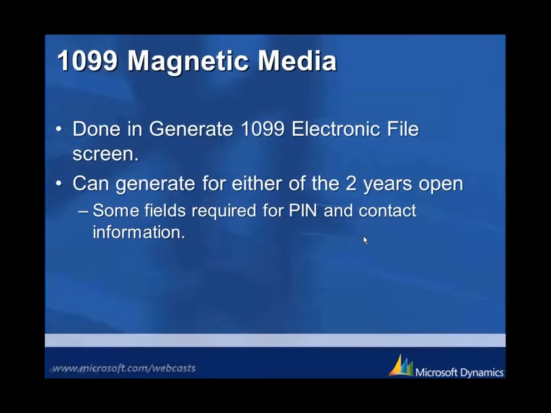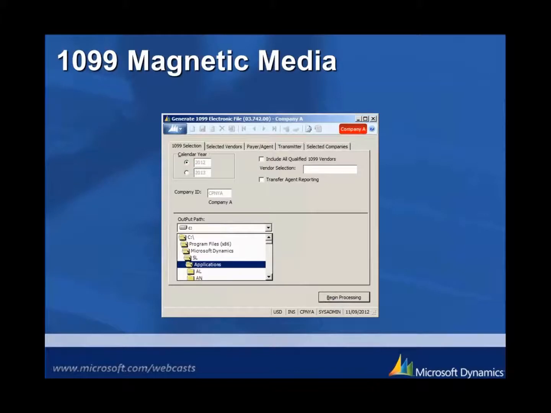But the two fields that are required are that control code and contact information. And the reason the contact information is required is because if they have any problem whatsoever with the file, they need to know who to call or who to contact in order to sort it out.